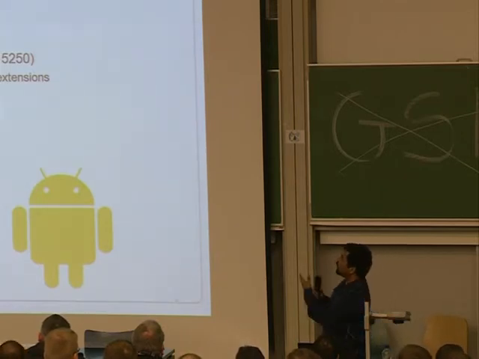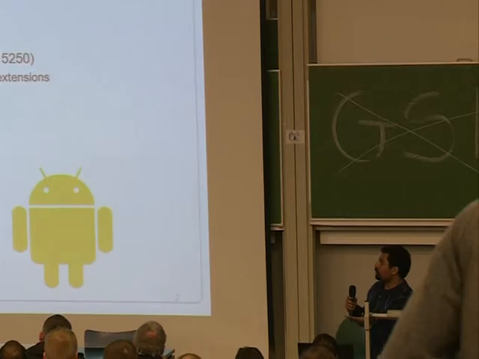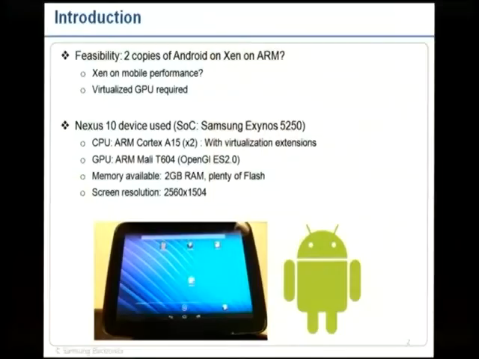So our main research area has been to get the virtualized GPU running and check the performance, how it compares to the native device. Over the last 2 years, we have been working on Nexus 10, which was the first Cortex A15 based device that came out in market that supported virtualization extensions.